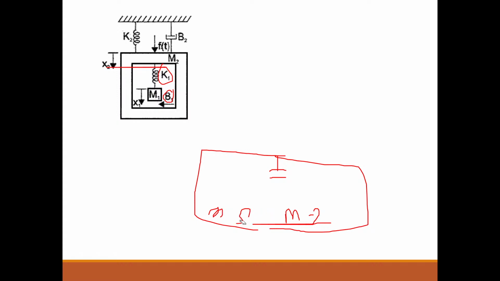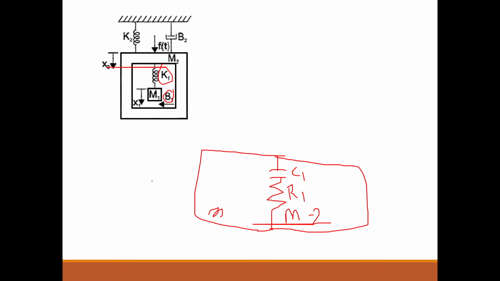I am erasing this mesh 1, mesh 2. You people write it down. So I am going to draw the resistor here. This is C1. This is R1. Okay, that's it.